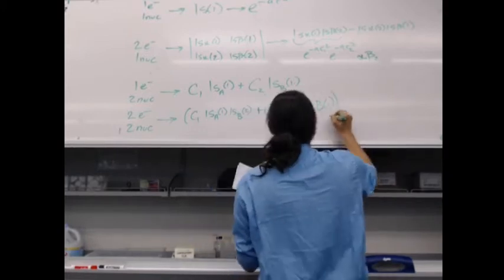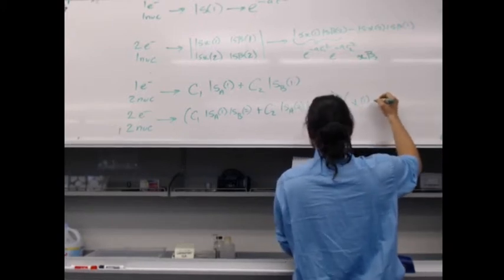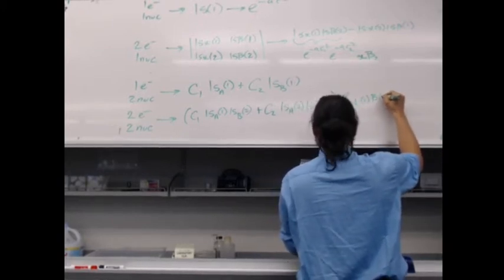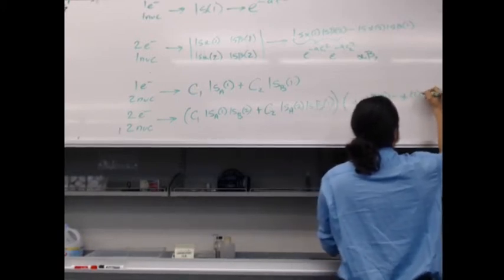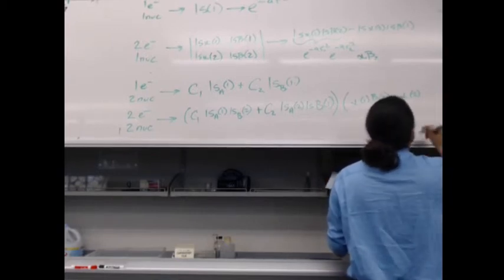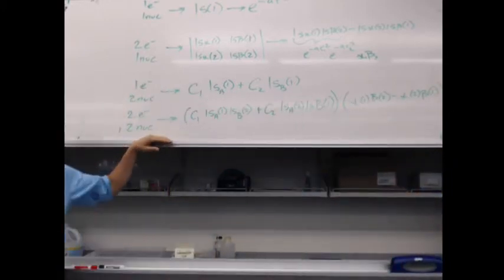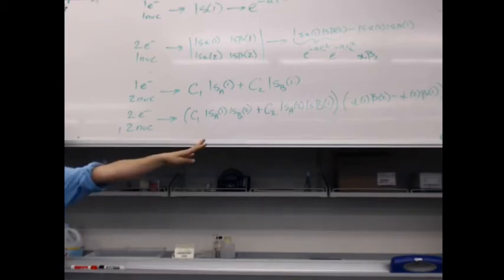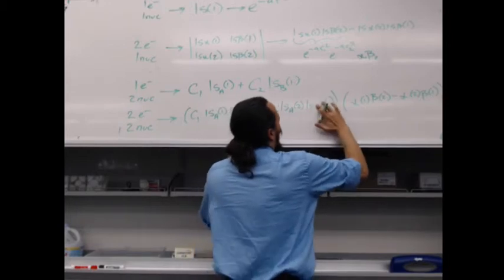Then we're also still going to have to take into account the spin part, making sure we've got something that's going to be antisymmetric. So for just 2 electrons with 2 nuclei, we're actually going to have 4 terms to make sure we have an antisymmetric wave function.